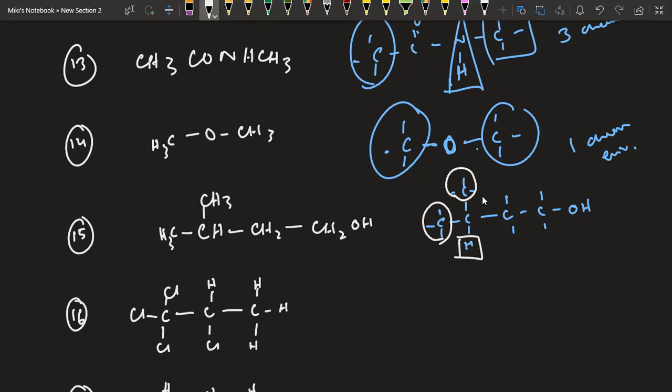It's a different group of hydrogen. Here we have a CH2 group. Now here we have another CH2 group, but you might say this is identical to this one. Try to observe.